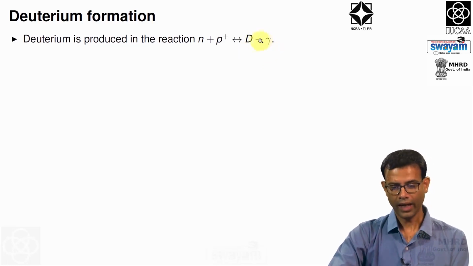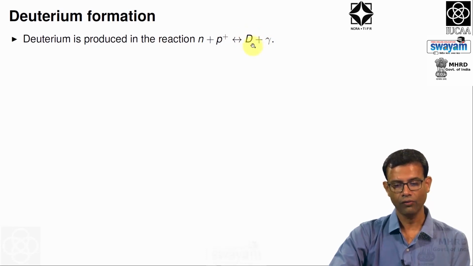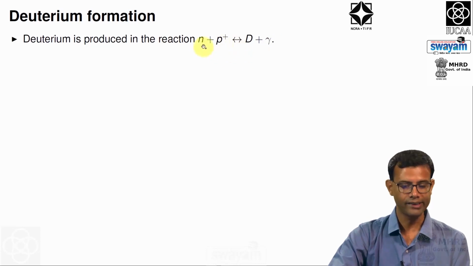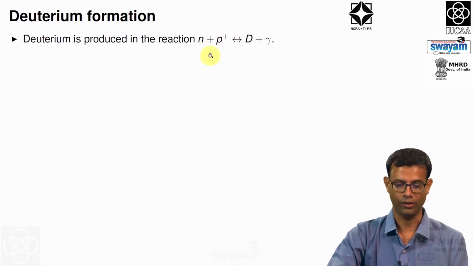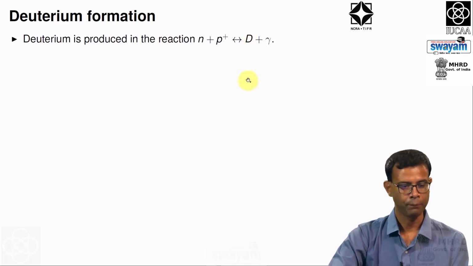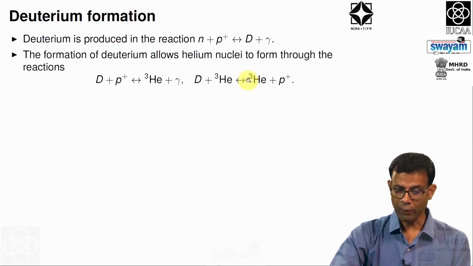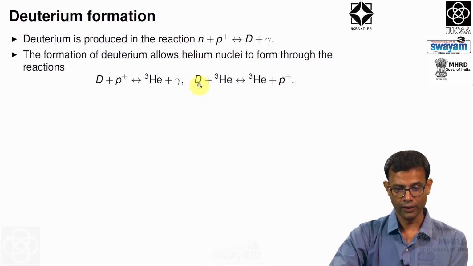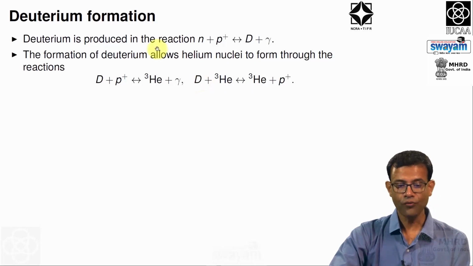In general, at high energies the reverse reaction also works. A deuterium can be hit by a photon and that can disintegrate into neutrons and protons. Okay. So, it is not easy to keep a deuterium stable. The formation of deuterium is very important, because unless you form deuterium, you cannot form the heavier helium nuclei.